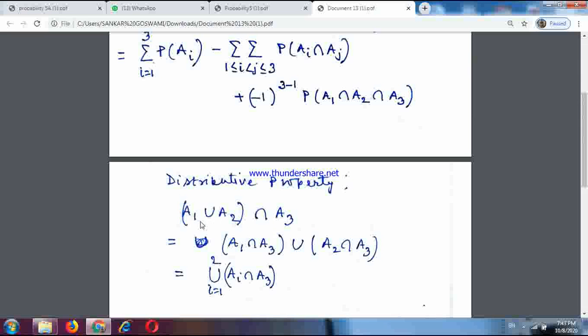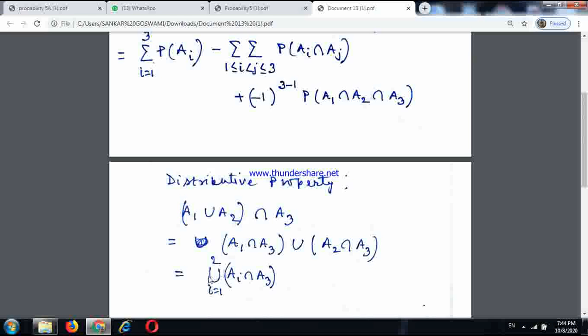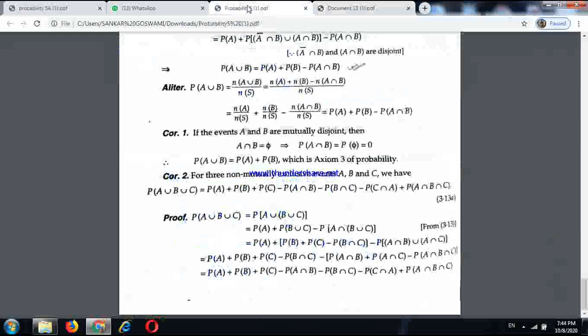First you take the region A1 union A2 and then take intersection with A3. You will see this is nothing but (A1 ∩ A3) ∪ (A2 ∩ A3). And how can I write this? Union i from 1 to 2 of A_i intersection A3. That means for i equals 1 I get A1 intersection A3, then for i equals 2, A2 intersection A3. And this I have applied here.